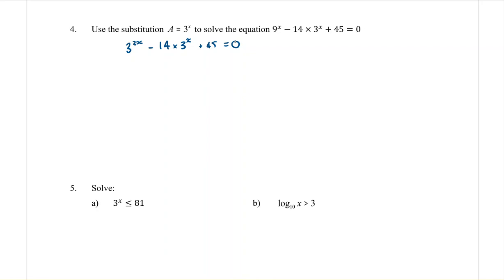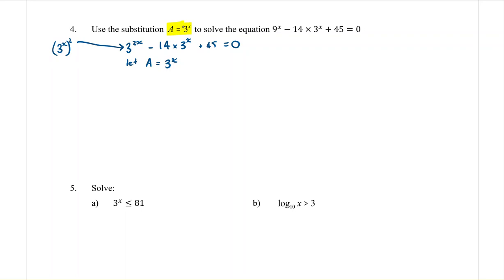Now that 3 to the 2x, I don't want to rewrite my whole equation, but that does mean 3 to the x squared, doesn't it? So I can switch the order of how I've written those two things there. I can put the x in the bracket with the 3 and put the 2 outside. Because what I'm going to do is let the a equal 3 to the power of x. That's what it told me in the question. a is equal to 3 to the power of x.